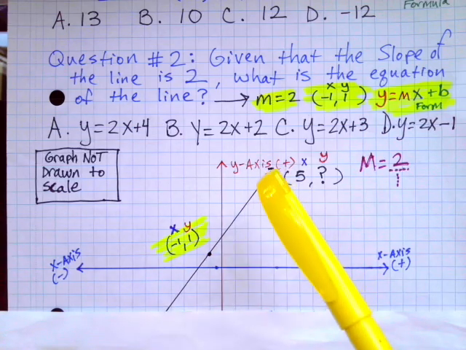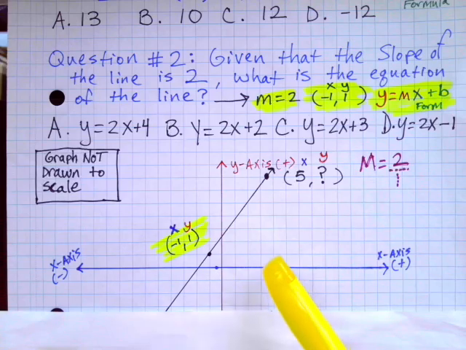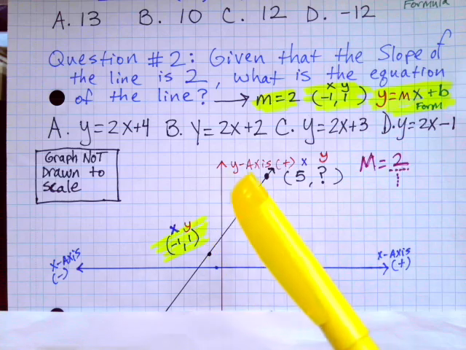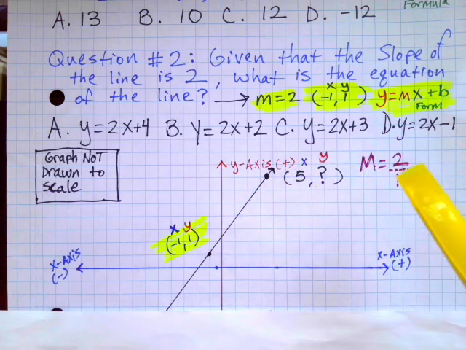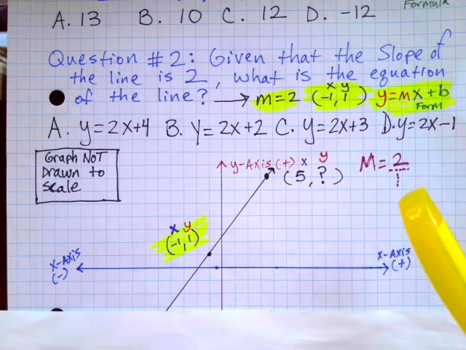You should. And then, of course, again, it's not drawn to scale, so forgive me, 1, 2, 3, 4, 5 on the x, and going up on the y, I don't know where I am on the y, is your other point, and your slope is 2 over 1, y over x. If that's confusing to you, please, once again, watch those prerequisite videos.